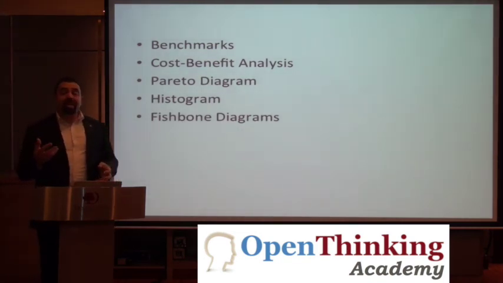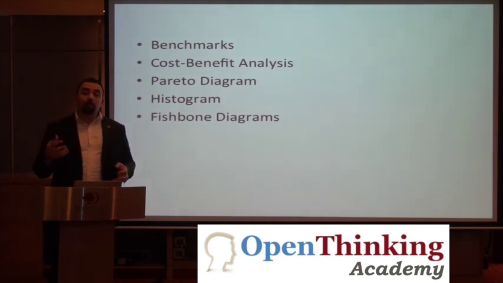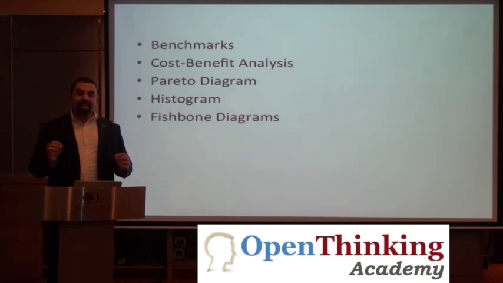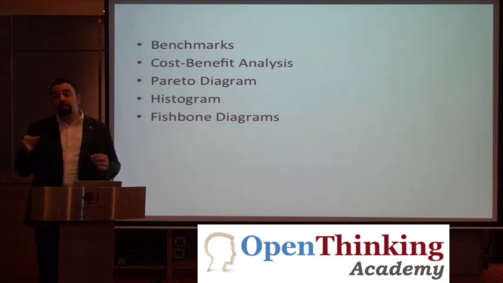Another way, we look at the charts. Some charts can give me very important information, like the Pareto diagram. Pareto diagram will be able to give you something which is very interesting. We call it 80-20. They say 80% of the issues and the deviations that you have is because of 20% of the issues you have inside your operation.